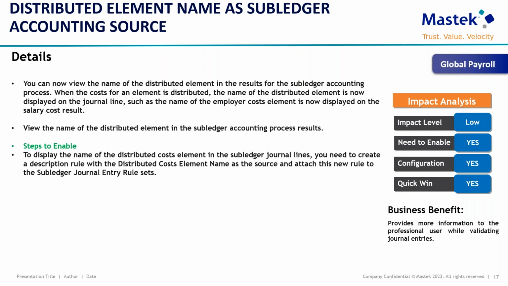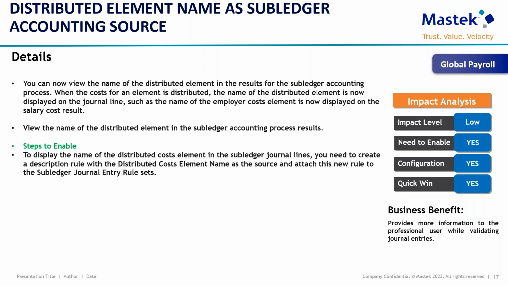So even the subledger journal lines will clarify how these values are distributed and what exactly the journal entry rules are. In terms of steps to enable, we have to display this particular element's details. We have to create the distributed cost element and attach subledger journal entry rule sets to that.